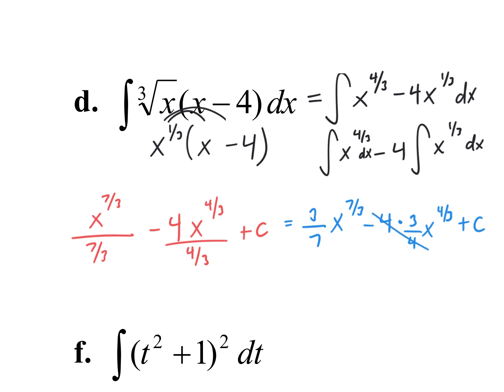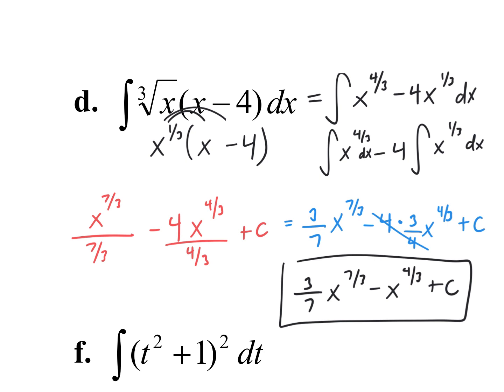Yes, those 4's could cancel out. So our final answer, 3/7 x to the 7/3 minus 3x to the 4/3 plus c. Oops. My bad, there should be a 3 right there. There we go.